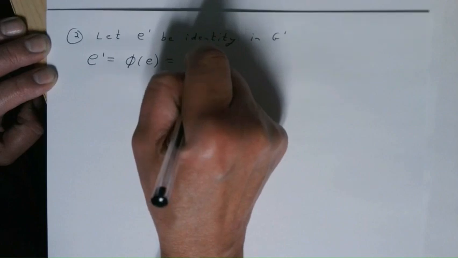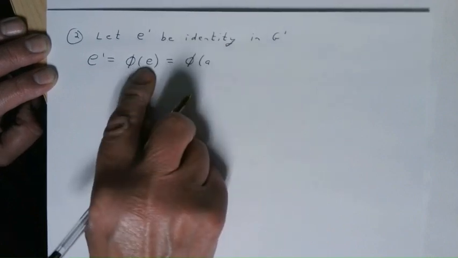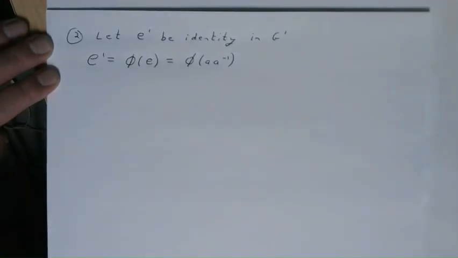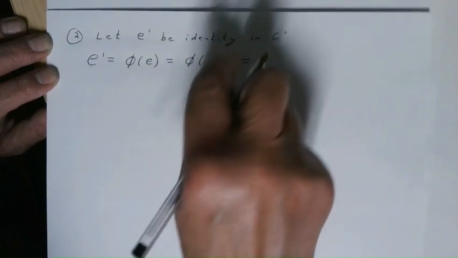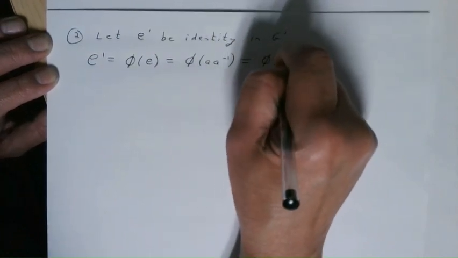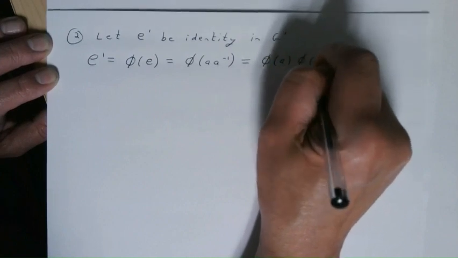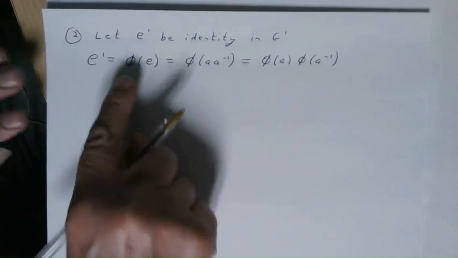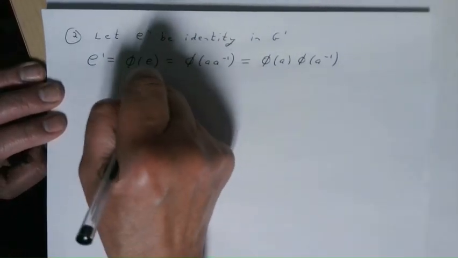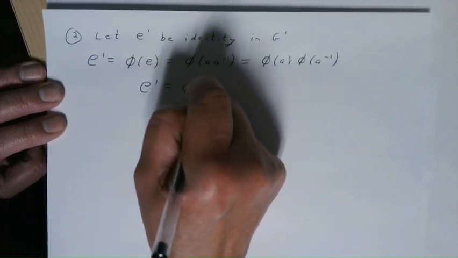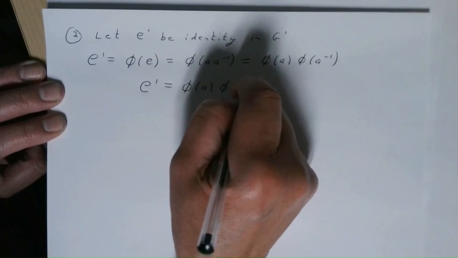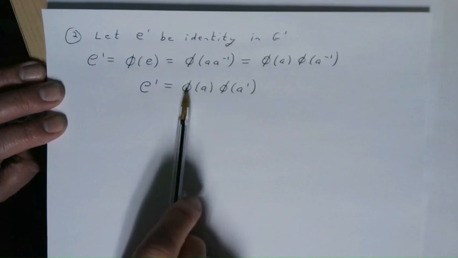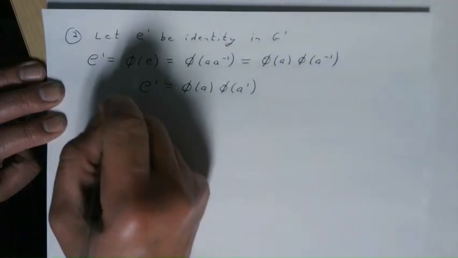Then we can write this inside as phi of A A inverse, just based on the definition of identity. And once again, because it's a homomorphism, we're allowed to do that. And so what do we have? This is equal to this. And once again, we'll multiply both sides by phi A inverse.